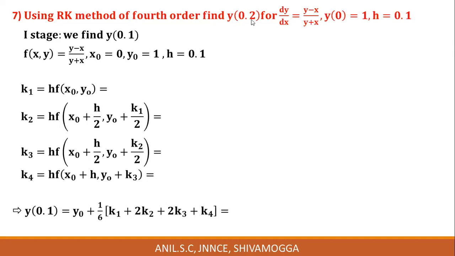Using Runge-Kutta method of 4th order, find y of 0.2. Y of 0.2 is to be determined now. Given that dy by dx is equal to y minus x divided by y plus x, y of 0 is equal to 1 and h is equal to 0.1.